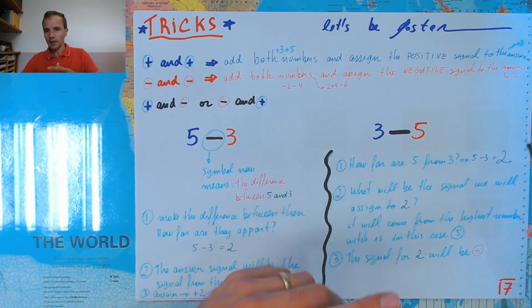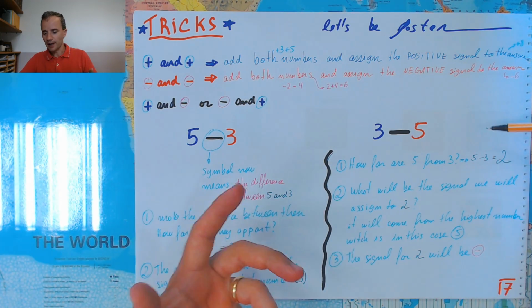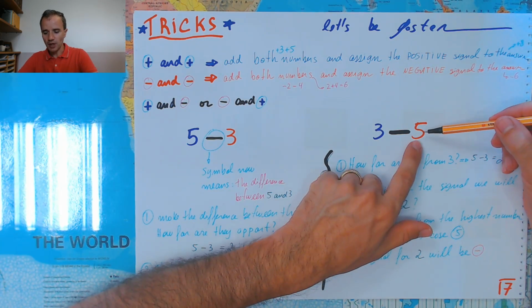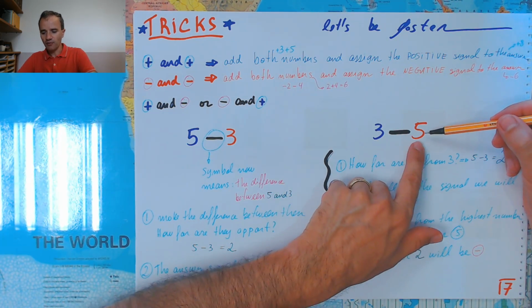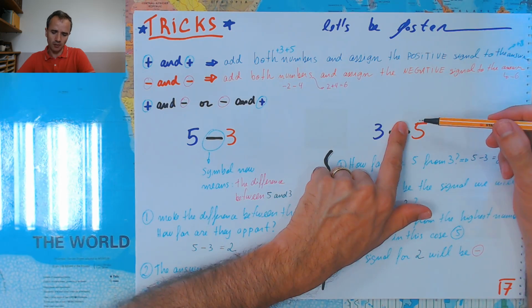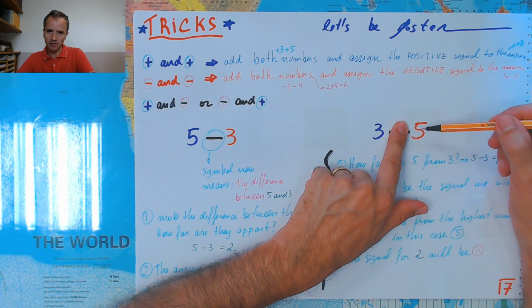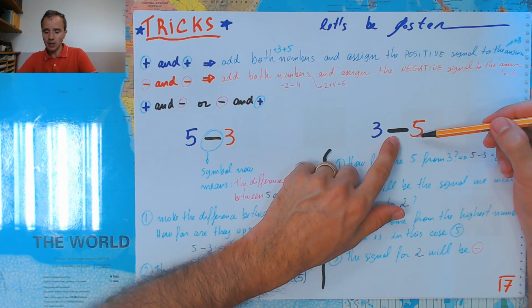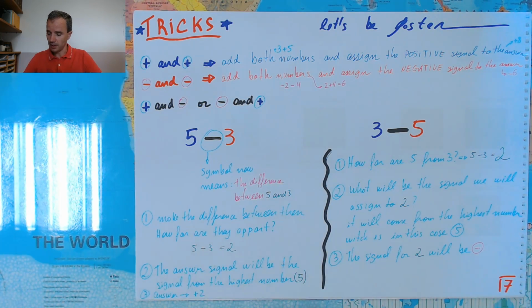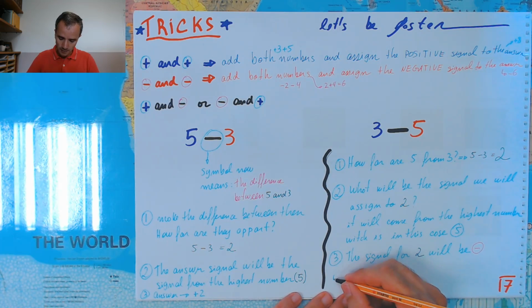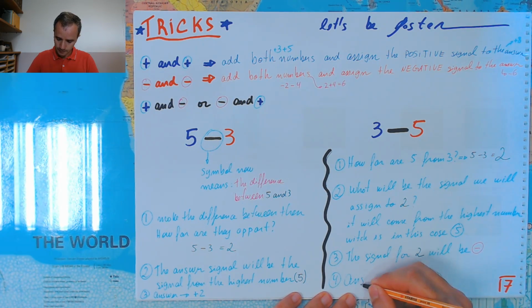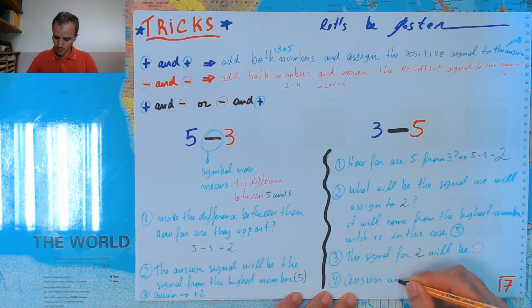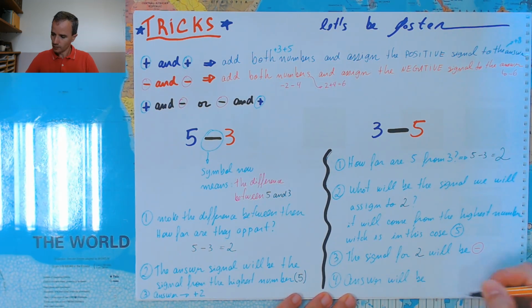Why? Because the final signal comes from the highest number, 5. Ignore the signal for now. Which one is greater, 5 or 3? 5, isn't it? So 5 is stronger, and so its signal is going to prevail because 5 is bigger. So the answer is going to be -2.